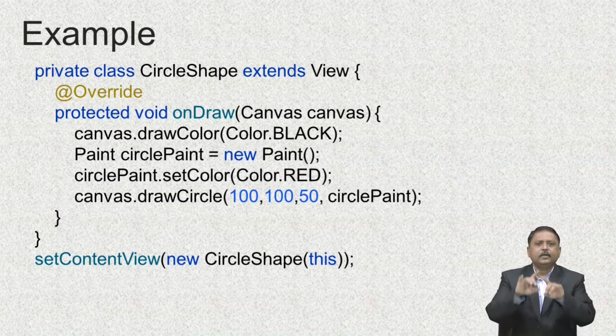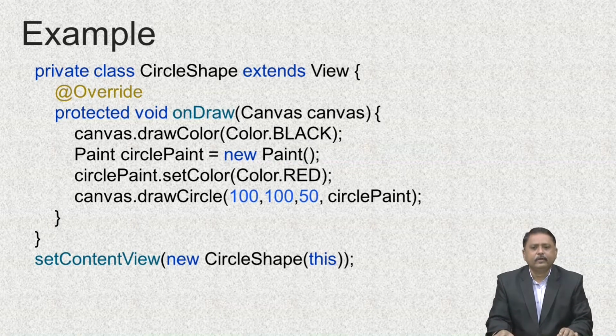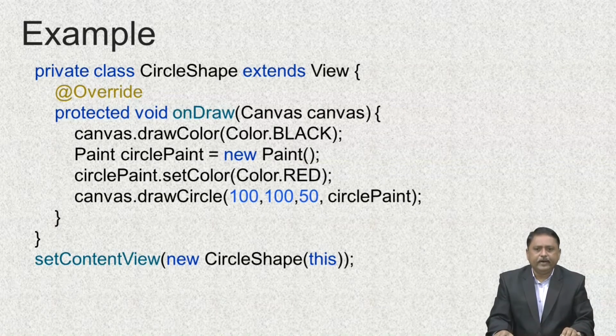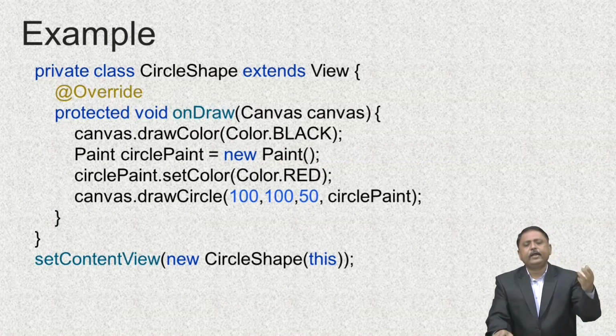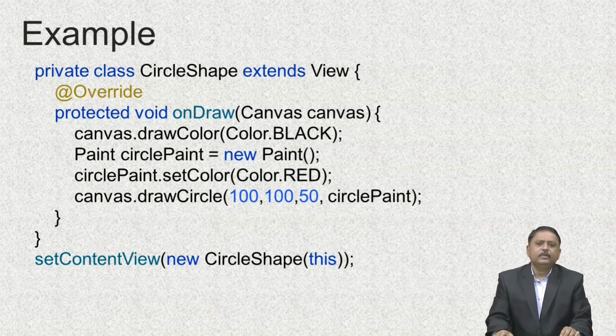It means the canvas is filled using black color, and then we declare one object of type Paint which is circlePaint, and we create an instance of this object by calling new Paint.